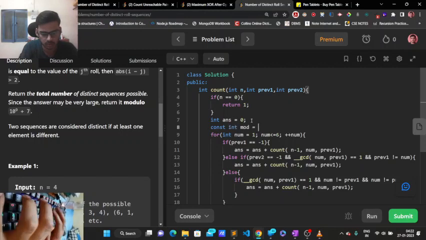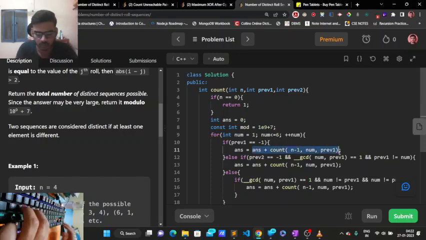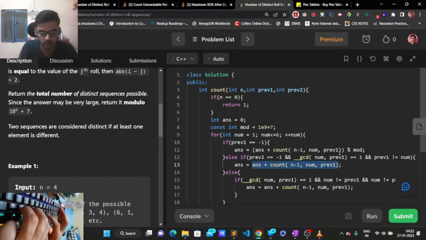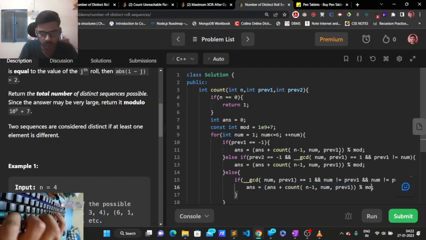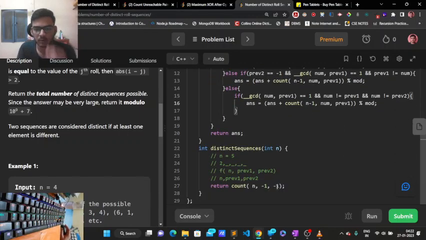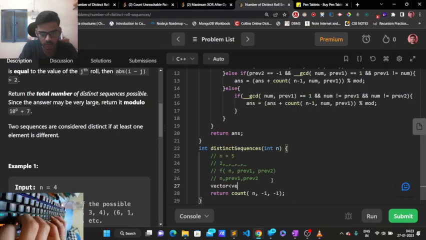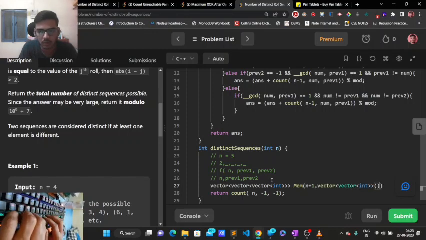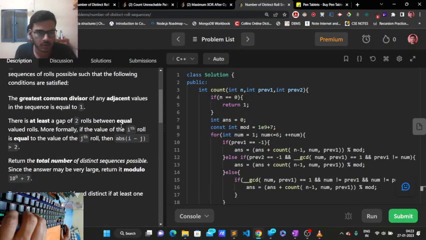Let's take mod with it. Now apply memoization to the solution.